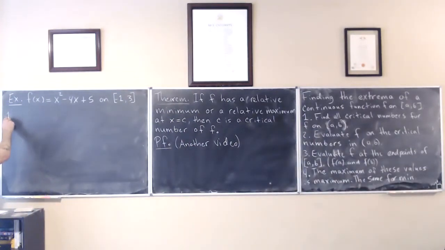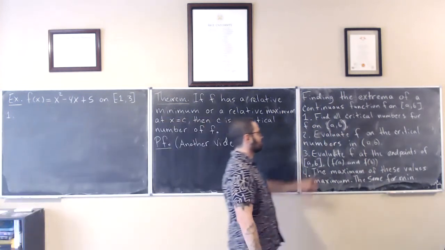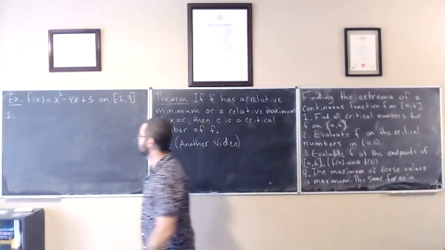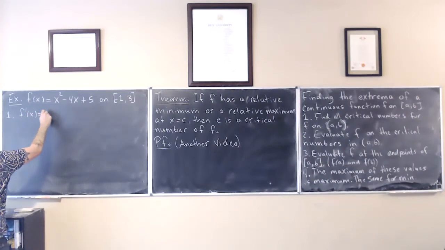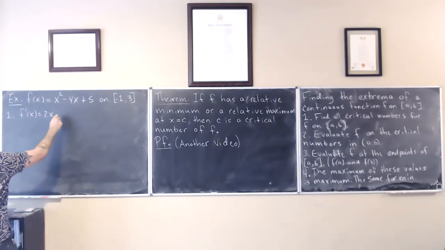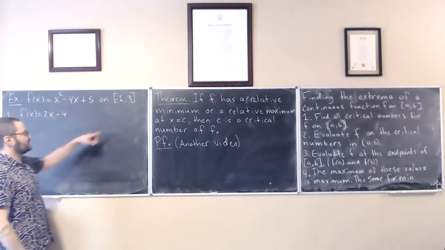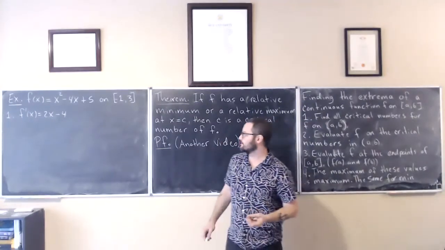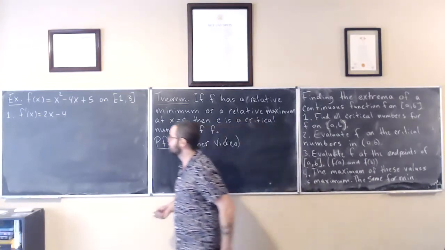All right, so part one, we need to find the critical numbers on the open interval (a, b), or the open interval (-1, 3) in this case. So we just need to find the derivative. That function exists everywhere in the open interval (-1, 3), so there are no values for which the derivative doesn't exist.